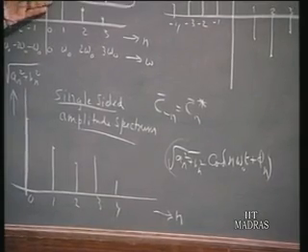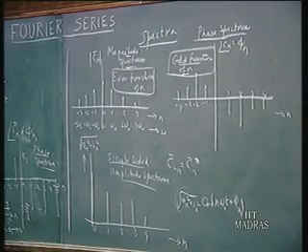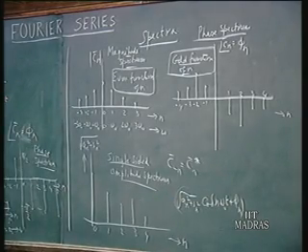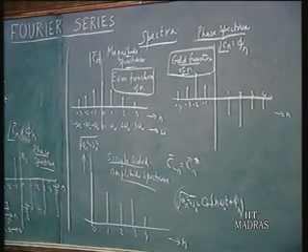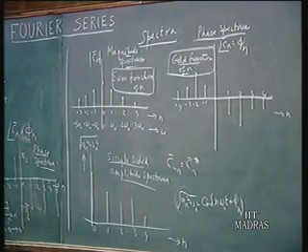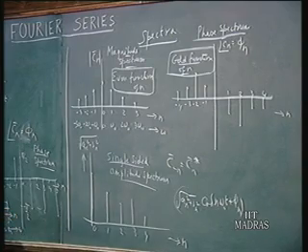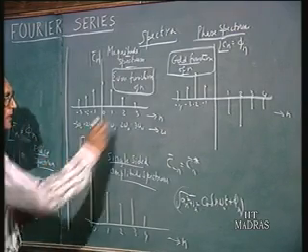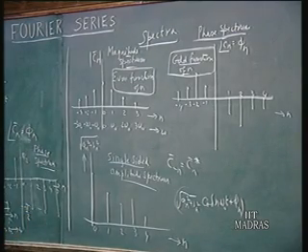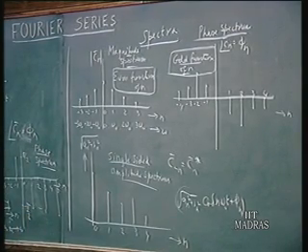So instead of this magnitude spectrum, one can plot this, but in this case we only have non-negative values of n to deal with, therefore this turns out to be a single-sided amplitude spectrum. This is an alternative way of plotting the magnitude spectrum, nothing more than this. However, we normally confine our work to plotting the spectra in this manner rather than in this manner, because that will be convenient for us when we go to the Fourier integral concept.